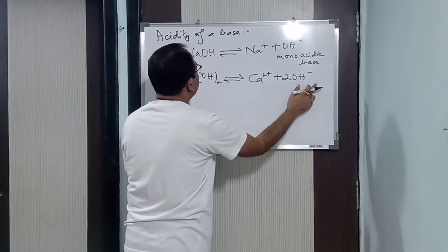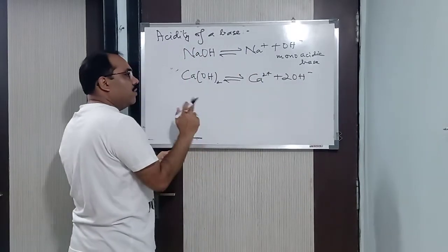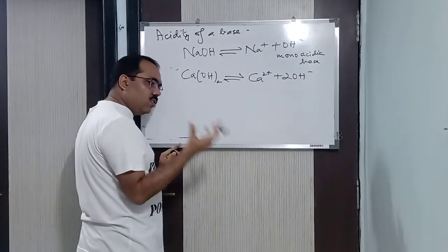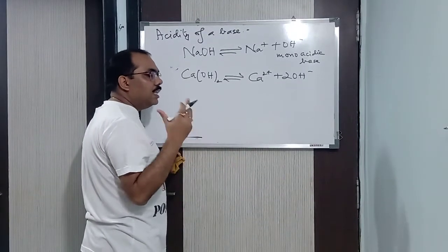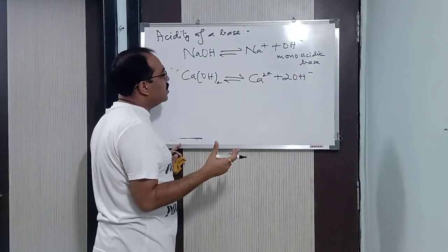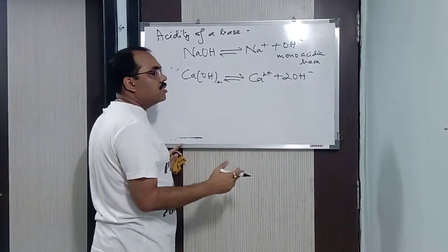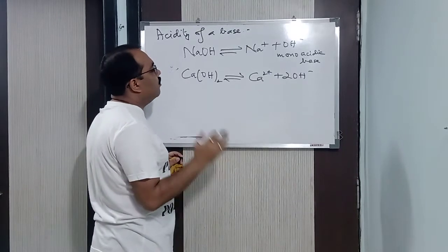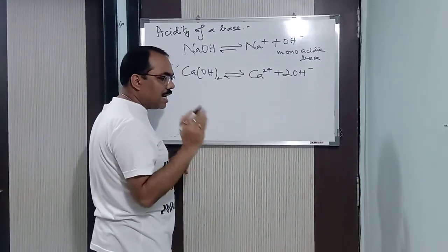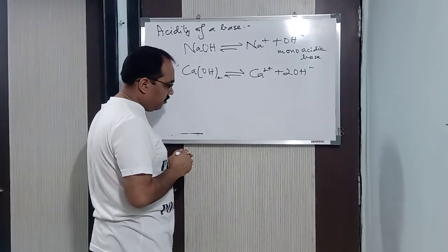Diacidic base. The acidity is 2. Similarly, Al(OH)3, even if it is insoluble in water, Fe(OH)3, even if it is insoluble. It is a triacidic base. The acidity is nothing but 3. In this way, this is the definition of the basicity of an acid and the acidity of a base.